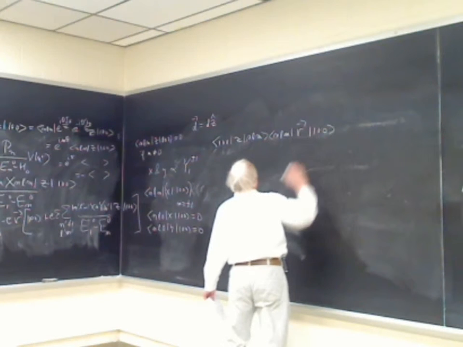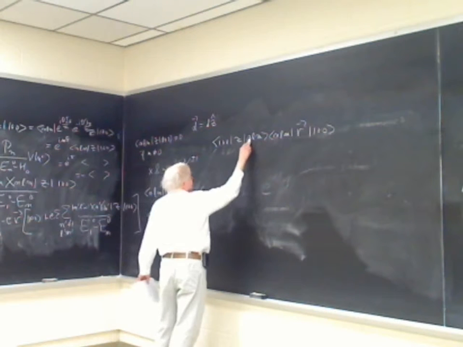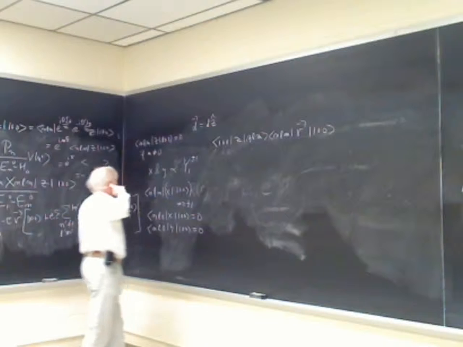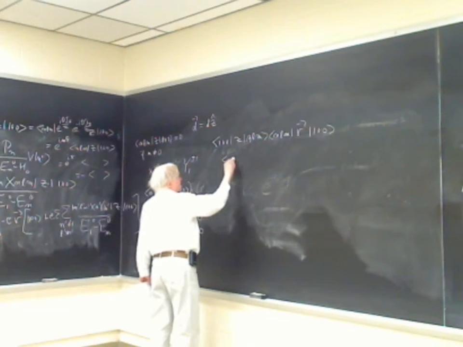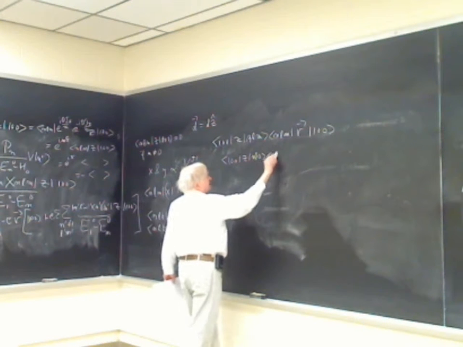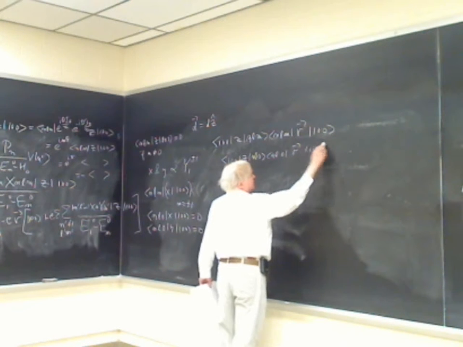Okay. This condition over here says that this is going to be 0 unless M is 0. So that tells me the only thing that survives is <100|Z|NL0><NL0|R|100>.